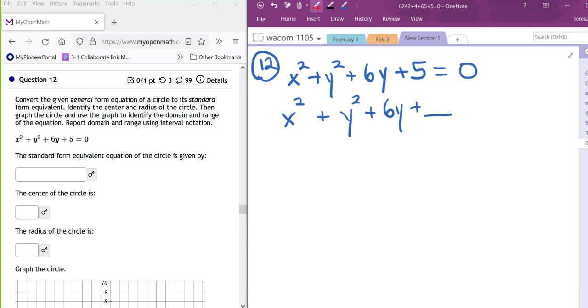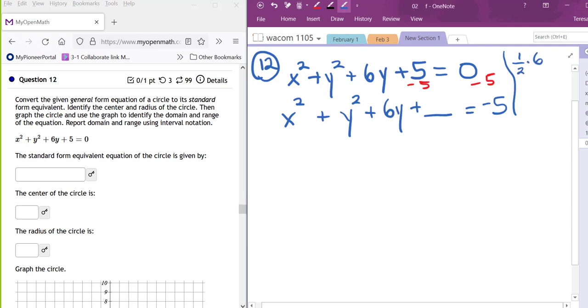Okay. I want to move the 5 to the other side. Right? And so now I have to figure out, what do I add? It's the same thing we did before. 1/2 times 6 is 3. Square it is 9. That is the number we have to add to both sides.